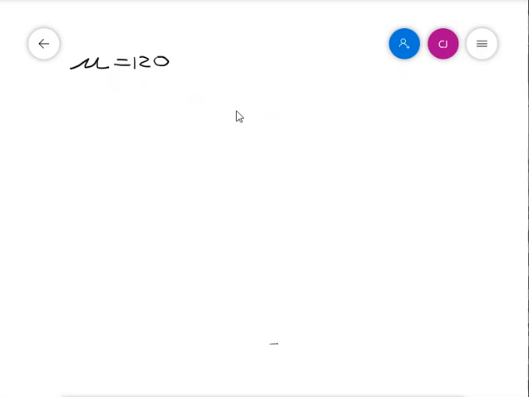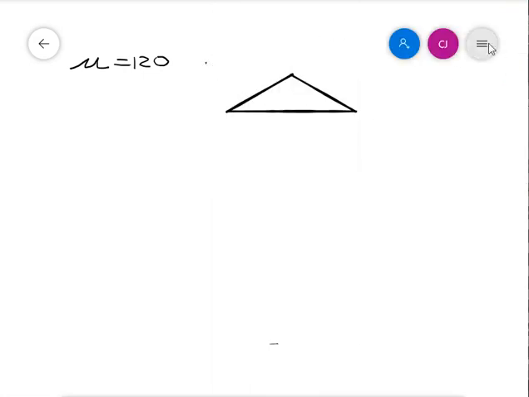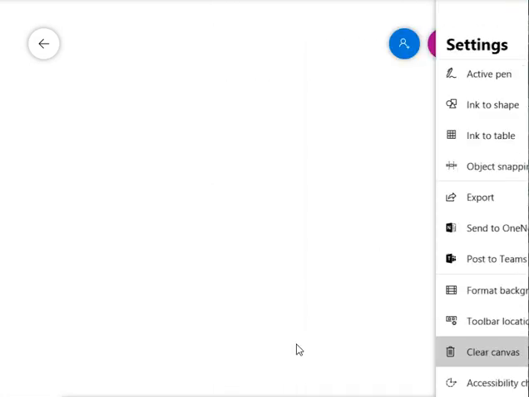So, no snap to grid. Is it object snapping, ink to shape? Oh, there it is. Ink to shape. I'm getting good at clearing the canvas.